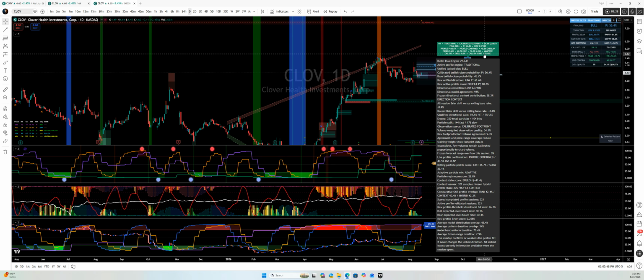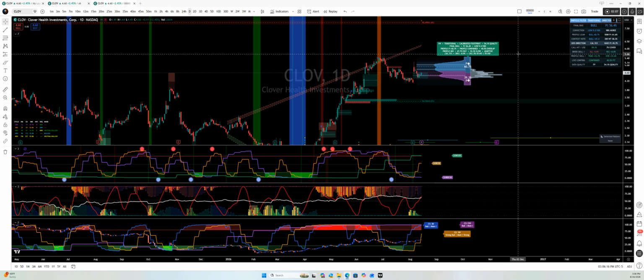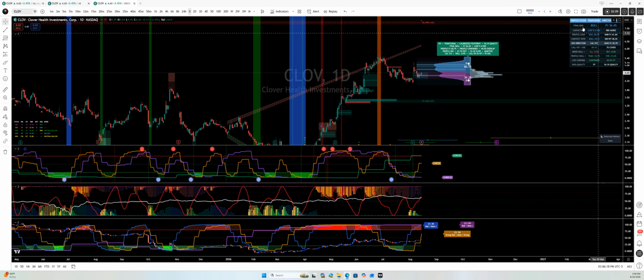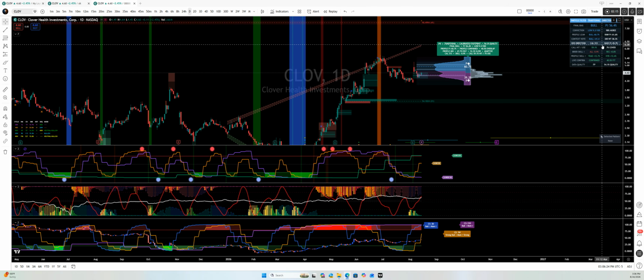You can see it gets really intense as far as the map that it's using for the footprint data and volume and other stuff going on there as well. I mean, I could explain it to you, but we would have to sit here for a long time and go piece by piece. So it's not what we're here for. We're here for Clover Health stock, Clover Health, and this is the little board that goes along with it, the table.